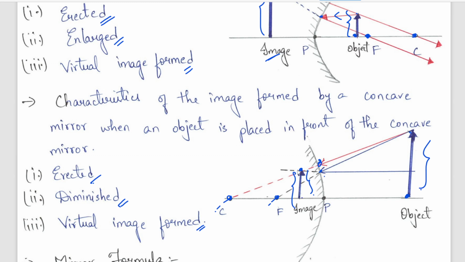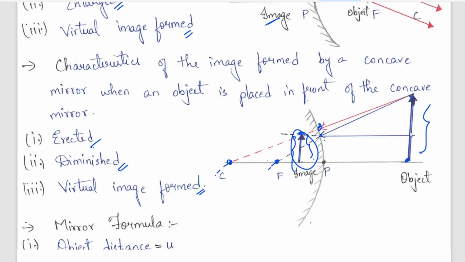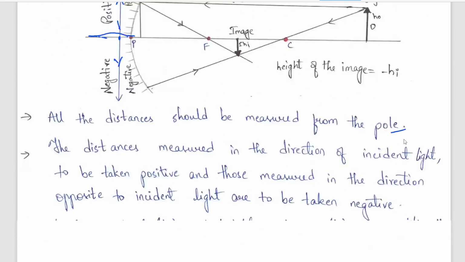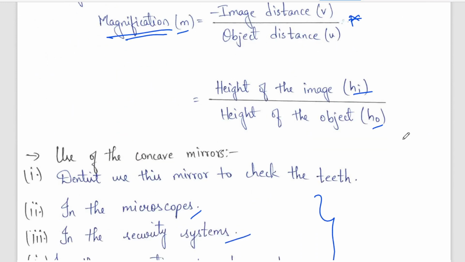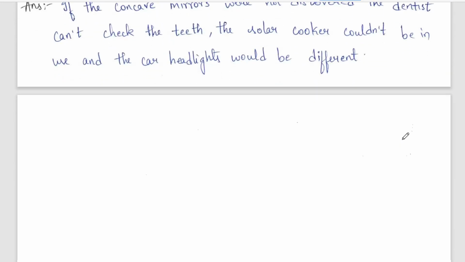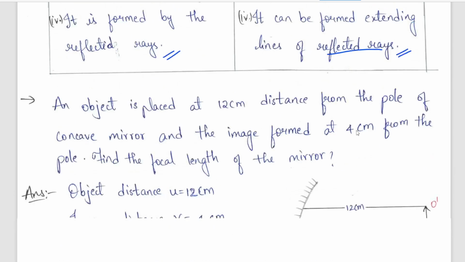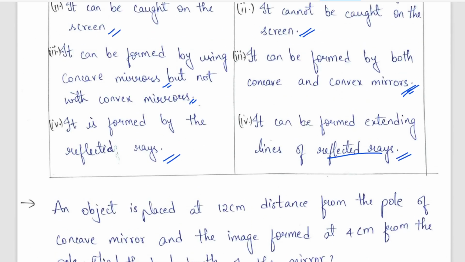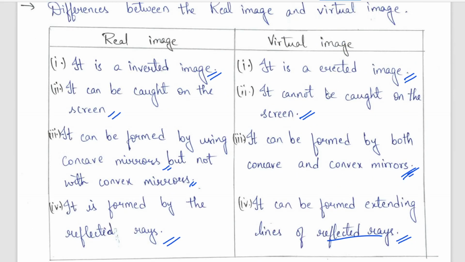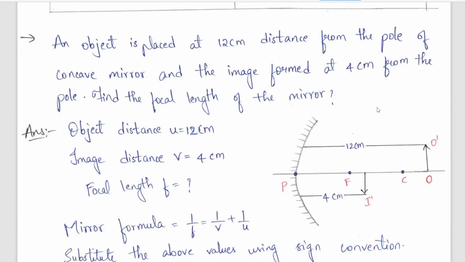Here we got a virtual image, right? Yes, here we got a virtual image. So that virtual image we have got by extending the reflected rays, right? Now this is the end of the differences of real image and virtual image.